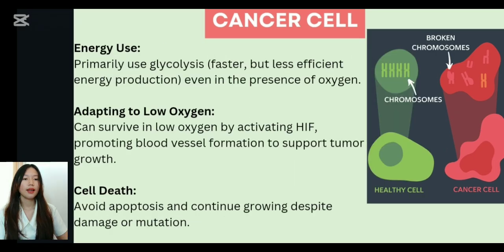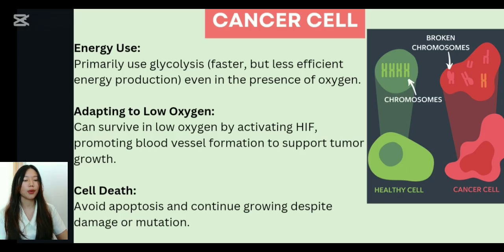So, next is the energy use. Cancer cells primarily use glycolysis, faster but less efficient energy production, even in the presence of oxygen. So, yun yung undergo ni cancer cell na glycolysis. Unlike kanina, si normal cells ginagamit niya ang oxidative phosphorylation, no? Yun yung pagkakaiba nila.